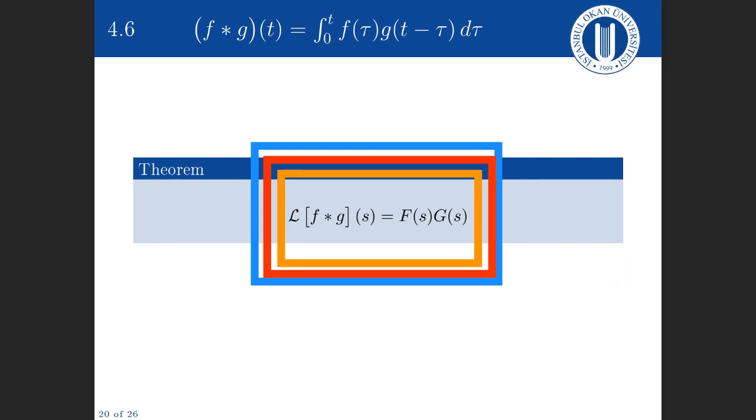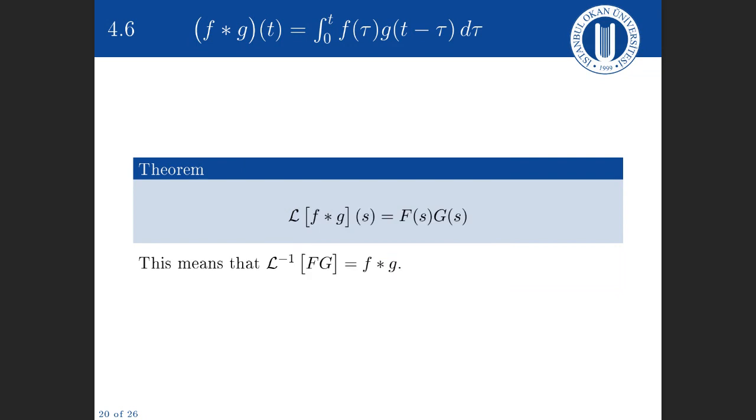Of course, this means that if we're trying to find the inverse Laplace transform of the product of two functions, F multiplied by G, the answer is just f convoluted with g.